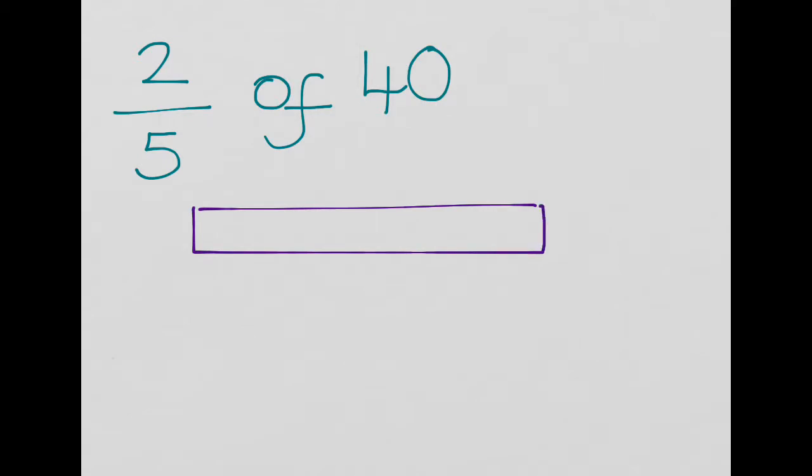Once you've done that, press play. So my denominator is 5, so I'm going to divide this as best I can into 5 pieces. And each of these is 1/5. Now, if you manage to get that, that is absolutely brilliant. Well done.